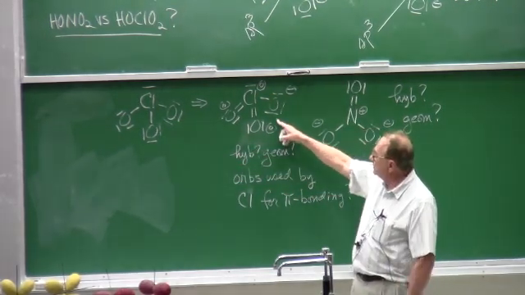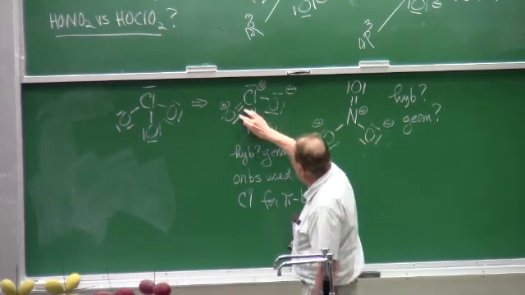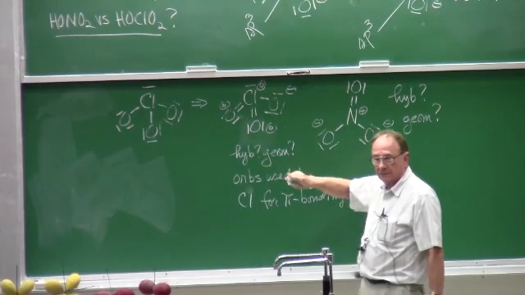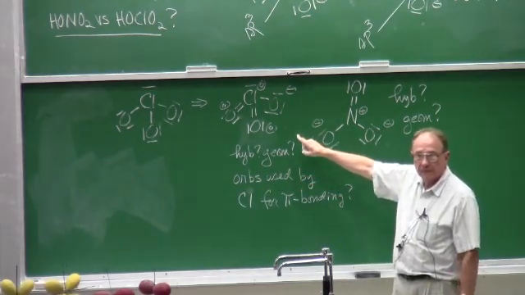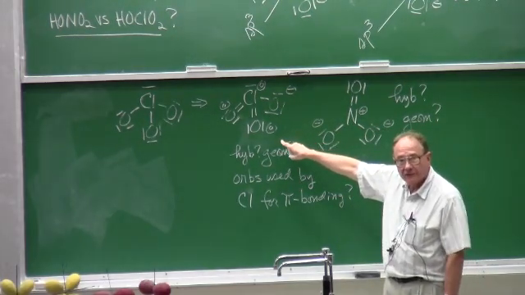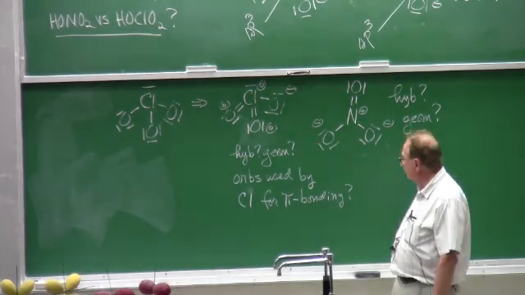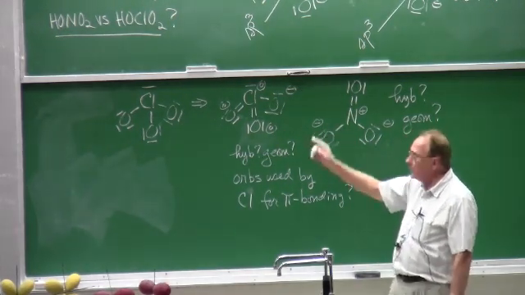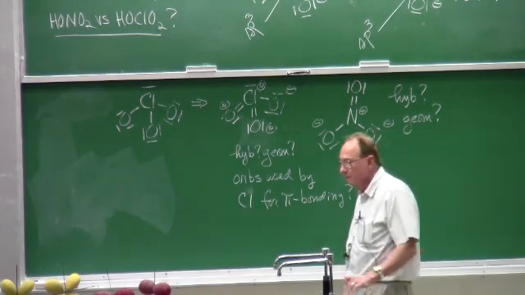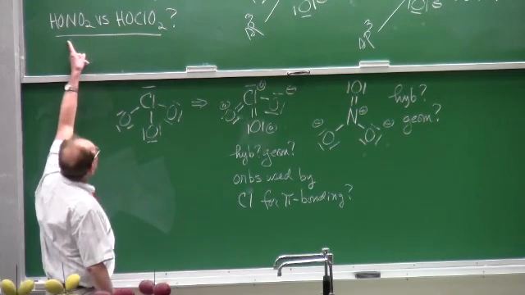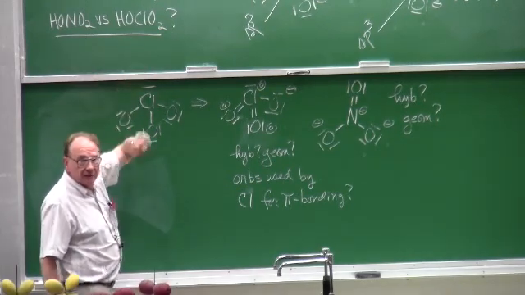And I've got a species here which is stabilizing negative charge density by resonance, if we're going to accept this Lewis picture. So how do I expect these bases to compare strength-wise? How do I expect the parent acids, nitric acid for this, to compare strength-wise?